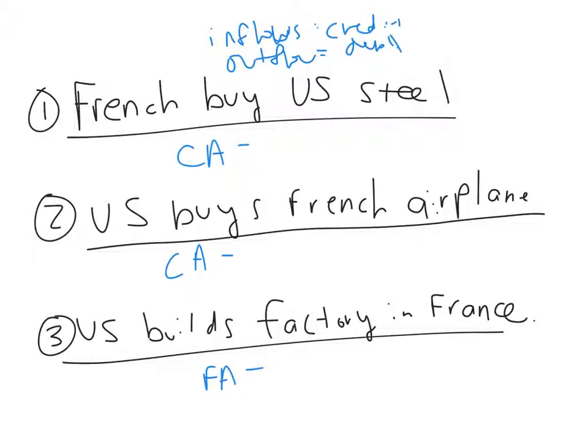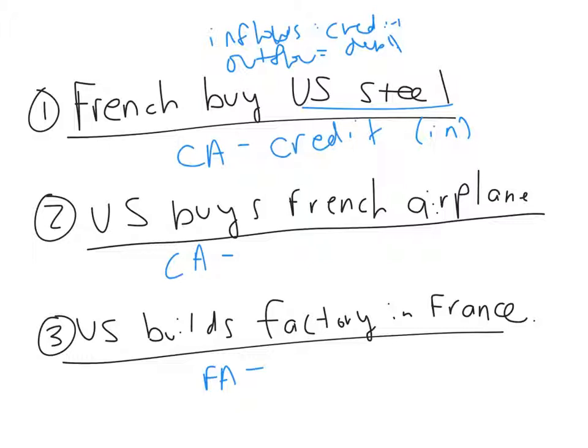If the French are going to buy U.S. steel, that U.S. Steel Corporation is going to want dollars, and so money is going to be flowing into the U.S., and in return, we're going to give them steel. So this would be a credit on the current account because money is flowing in to the U.S. and steel is flowing out.